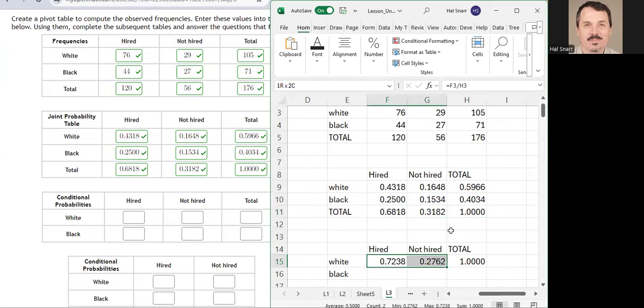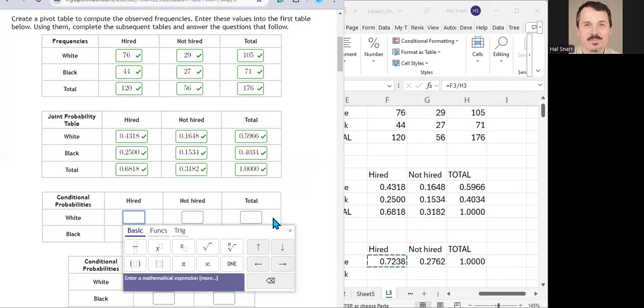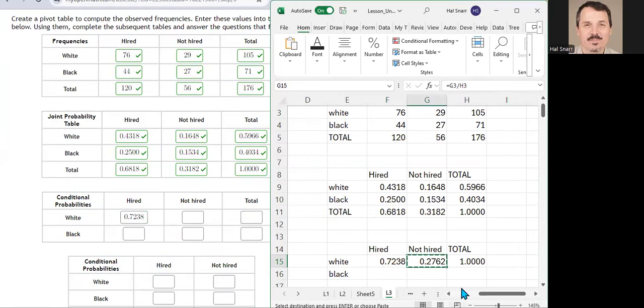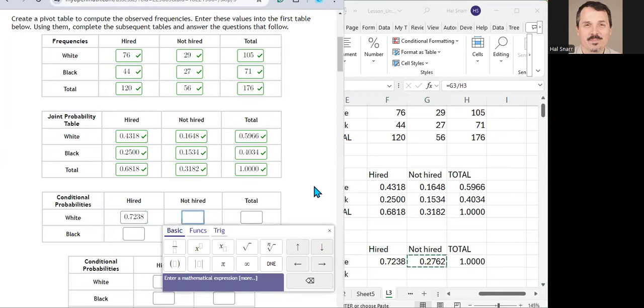Then there's a frequency distribution here, right? The probability of hired given the applicant was white, the probability of not being hired given the applicant was white, and then the total of the two, 1.000, right?